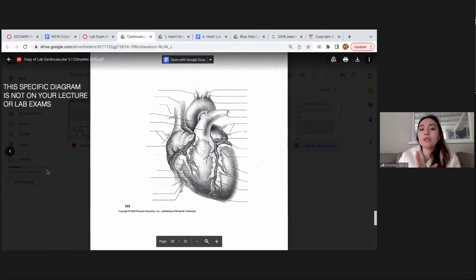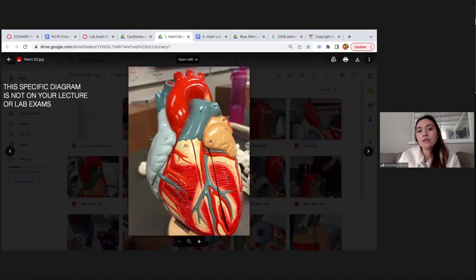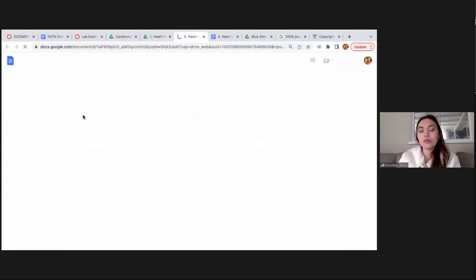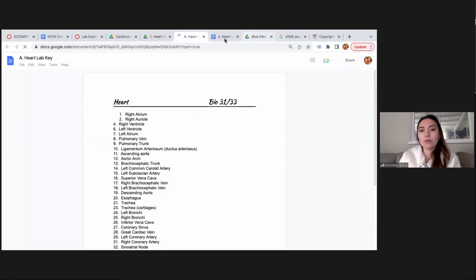So you don't need to really know this diagram. It's really just an activity for you guys for the packet. It's not something where we're going to test you. Where we're going to test you again is on that heart model itself that I already showed you.